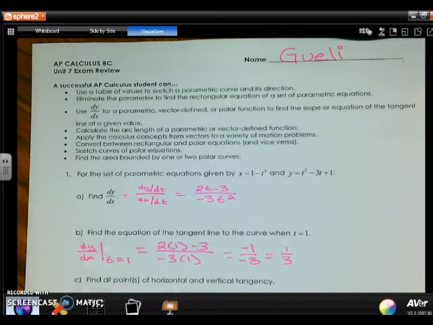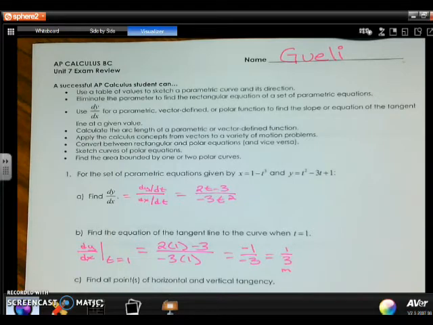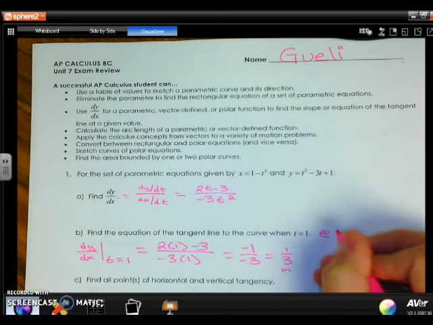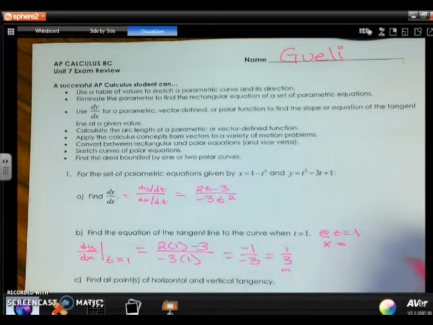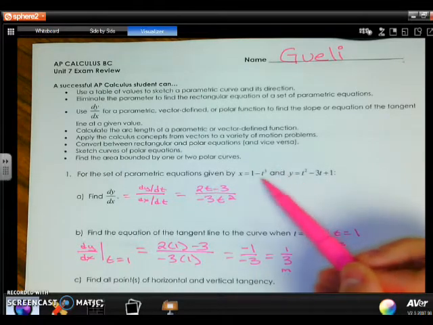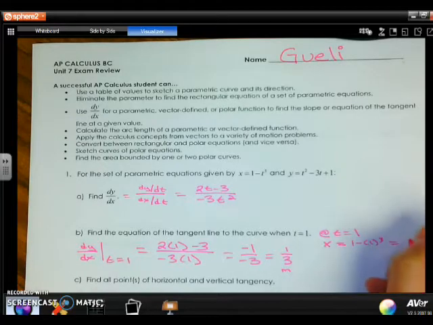From there, you need to use the point-slope formula. This is our m, so we have m right there. We still need to figure out our y1 and our x1. At t equals 1, x equals 1 minus 1 cubed, which equals 0.